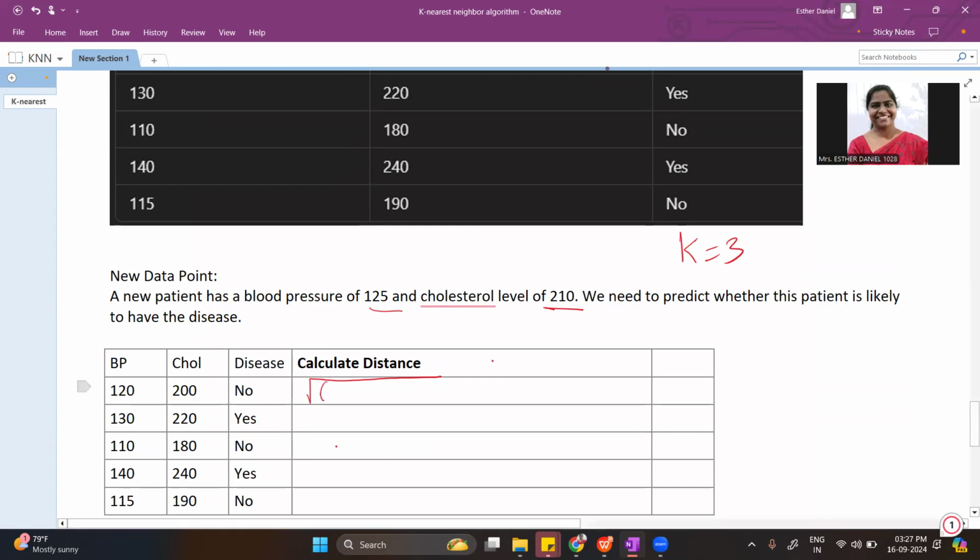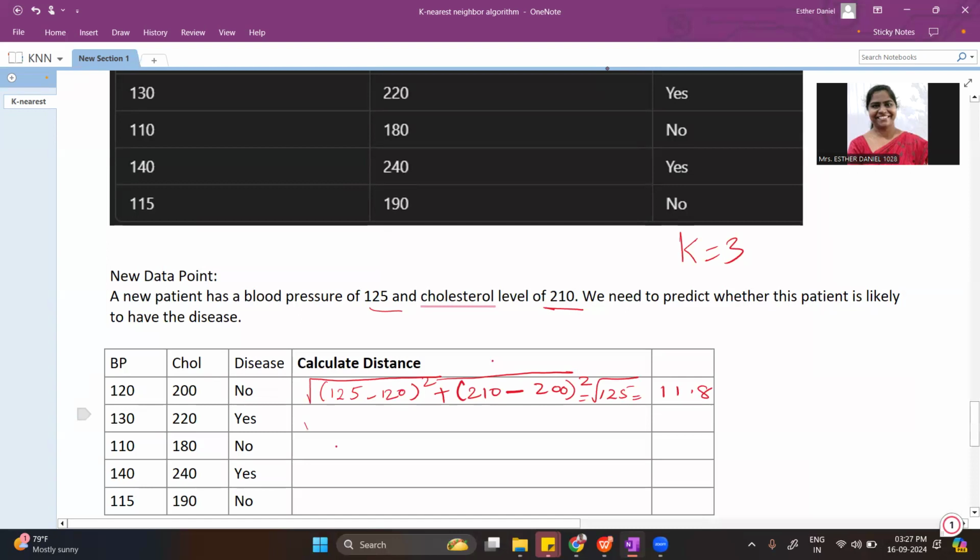So the square root of (125 minus 120) whole square plus (210 minus 200) whole square, which is equivalent to 11.18.